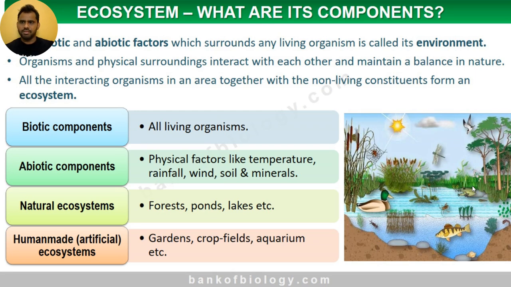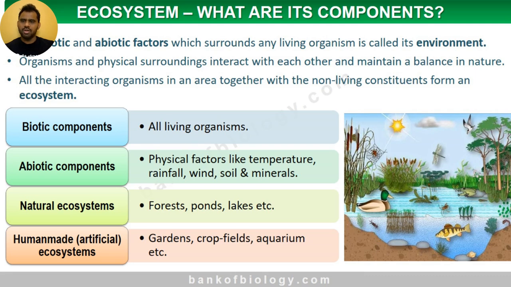First of all, this chapter starts with the understanding of ecosystem. What exactly is an ecosystem? What are its components? So first of all, biotic and abiotic factors are the ones that are surrounding any living organism, known as its environment. Now, what is a biotic factor?